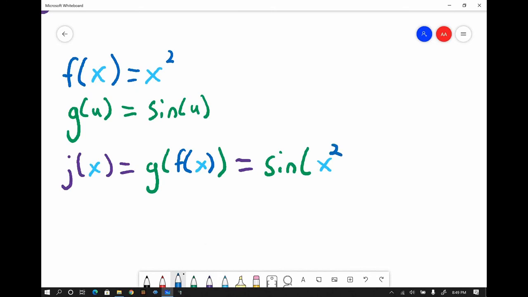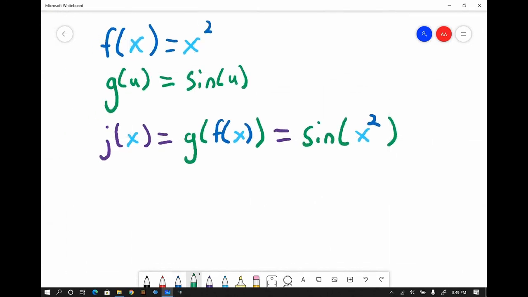So we can see here that this composite function has both a trigonometric and a polynomial function. So we can't use either our regular derivative formula or our sine derivative formula, which we had from the last video. And we have to actually use our chain rule formula.